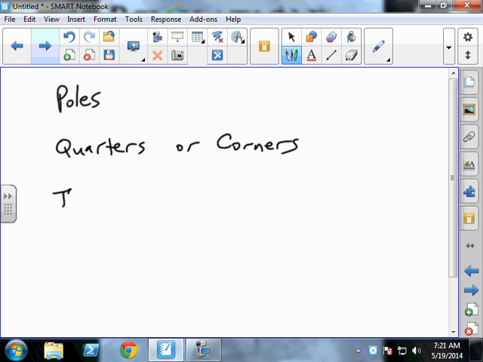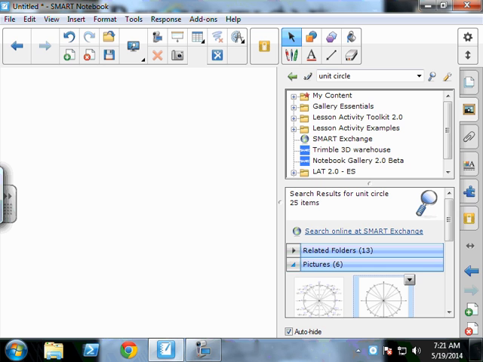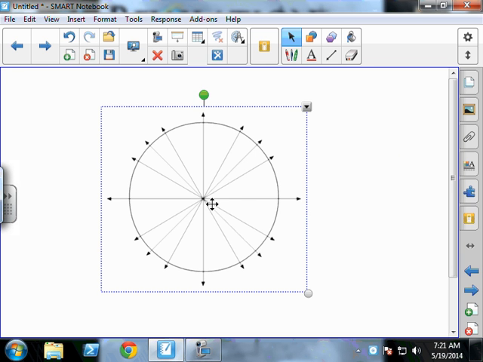And then the thirds, and then the sixths. Sometimes maybe you want to do the sixths before the thirds. You say, what the heck are you talking about? Well, you'll see when we get into pi radians.